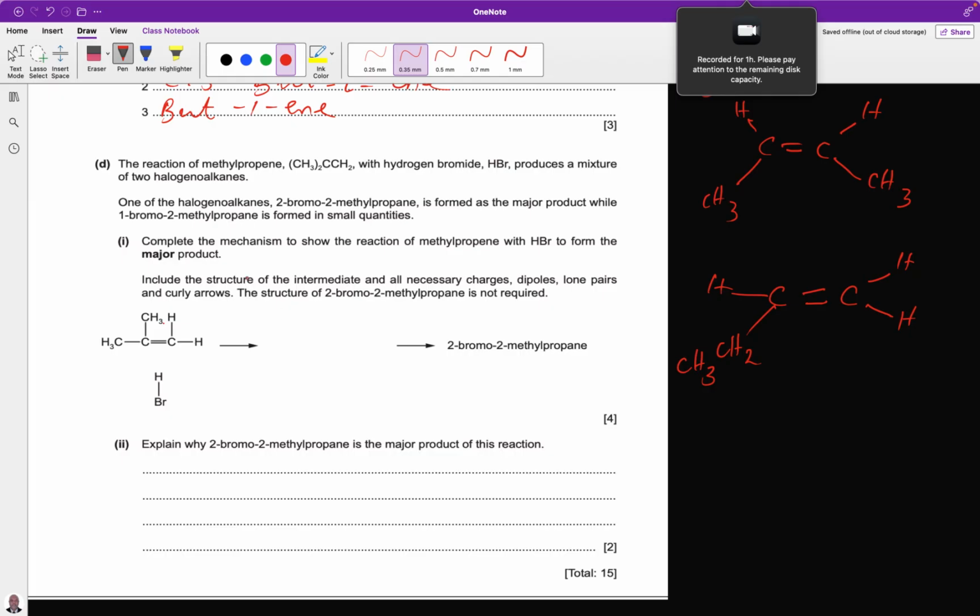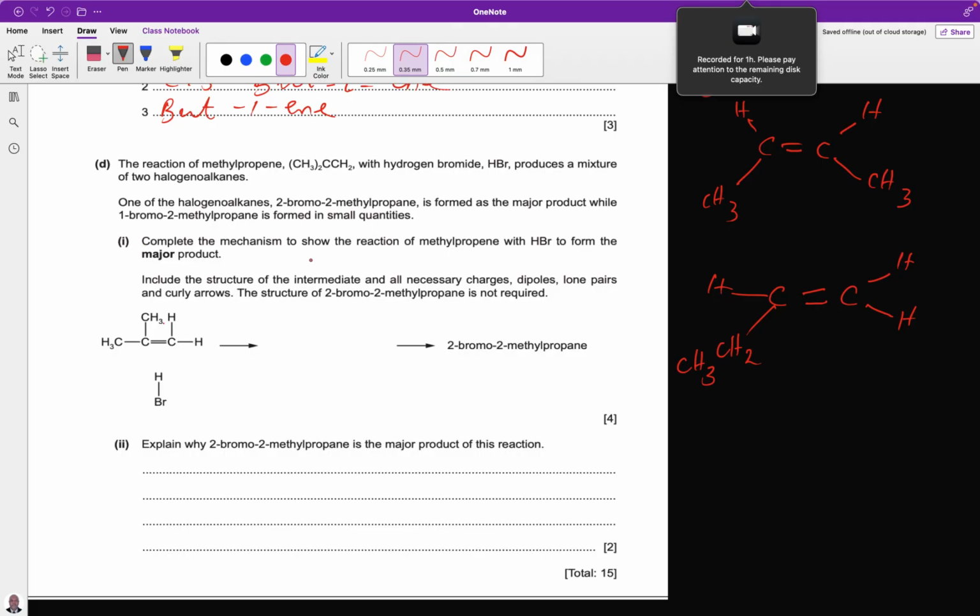The D part of this reaction: the reaction of methylpropene with hydrogen bromide produces a mixture of 2 halogenoalkanes. One of the halogenoalkanes, 2-bromo-2-methylpropane, is formed as the major product, while 1-bromo-2-methylpropane is formed in small quantities.